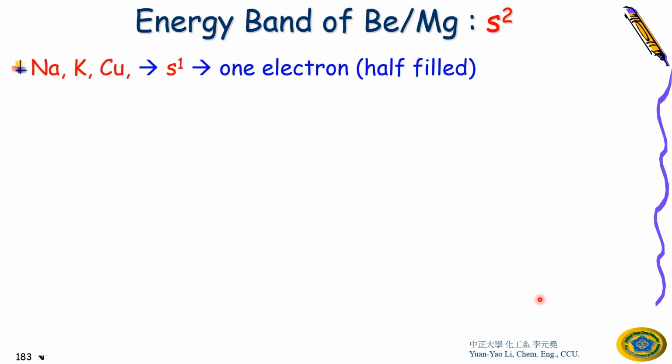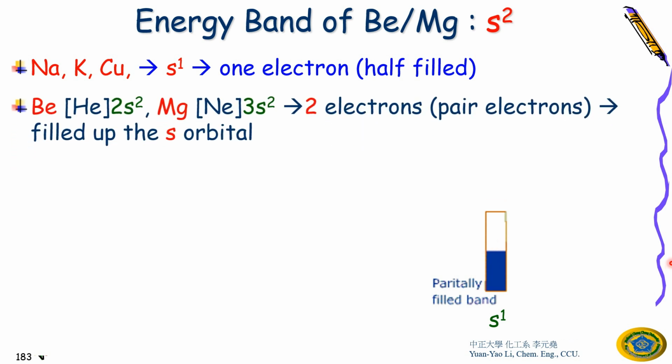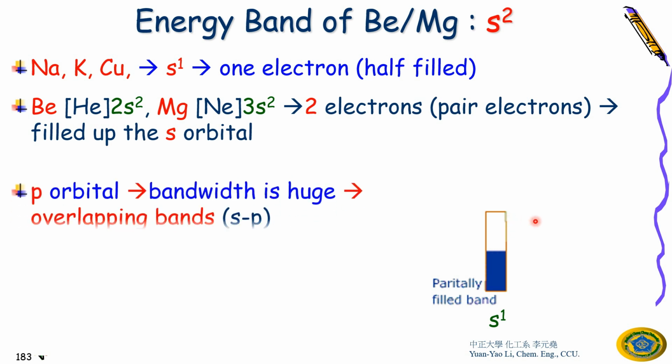Sodium, potassium, copper are S1, only one electron, so you can have a half-filled, partially filled band, and electrons can move. However, if you have two electrons, like barium, magnesium, you will fill all the orbitals, from bonding molecular orbital to anti-bonding molecular orbitals.